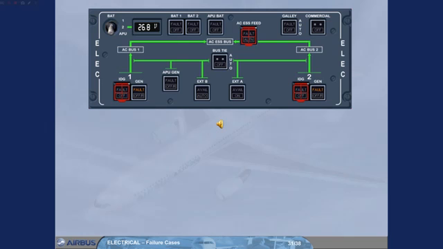During the emergency generator connection time, the electrical system is powered from the batteries. The approximate flight time on batteries is 30 minutes. Let's see what happens if the emergency generator fails to run automatically.